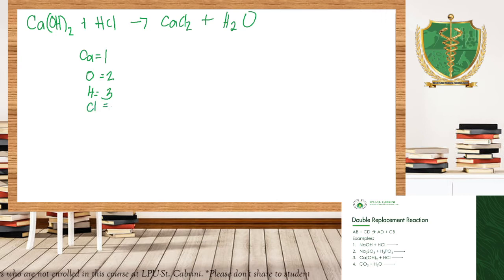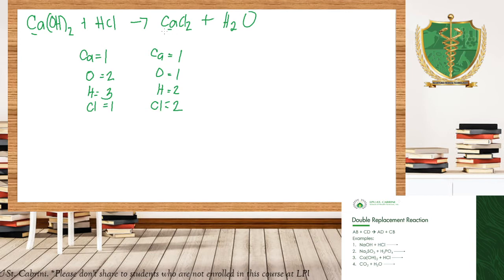Chlorine, 1. Calcium, 1. Chlorine, 2. Hydrogen, 2. Oxygen, 1. Okay? So, calcium balance. Chlorine, hindi. Hydrogen, hindi. Oxygen, hindi. Gagalawin mo pa ba to? Hindi na. Kasi balance na yung calcium mo.